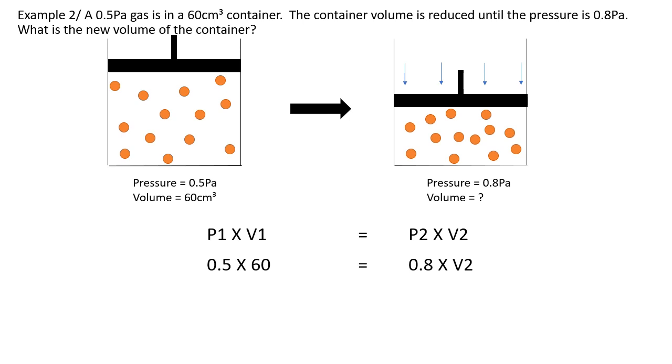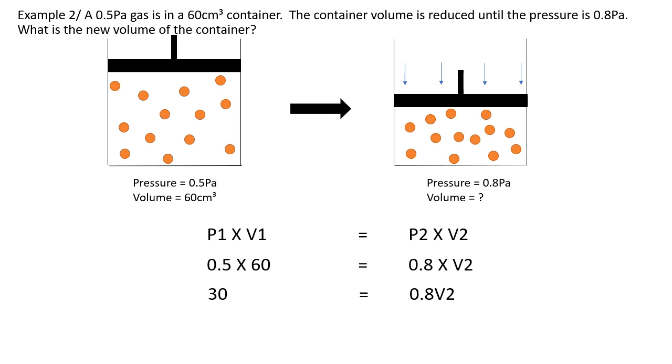Now when it comes to units, I can use meters cubed or I can use centimeters cubed for the volume, as long as I keep the volume V1 and the volume V2 using the same units, I should be okay. So 0.5 times 60 is 30, and I've been left with 0.8 V2 on the right hand side of the equation.